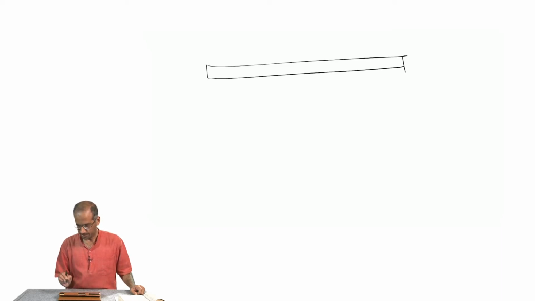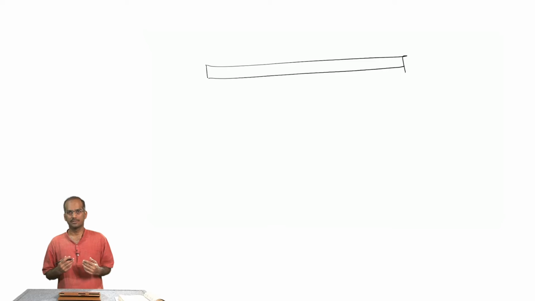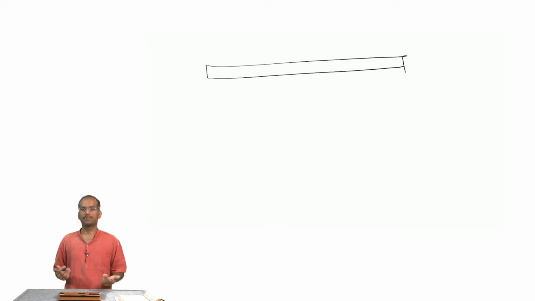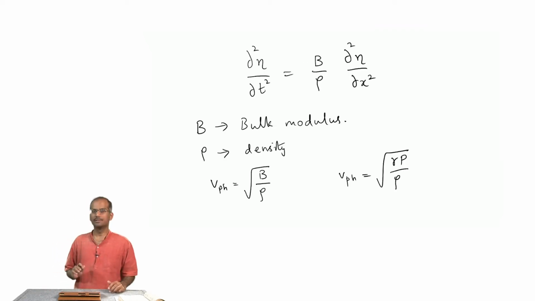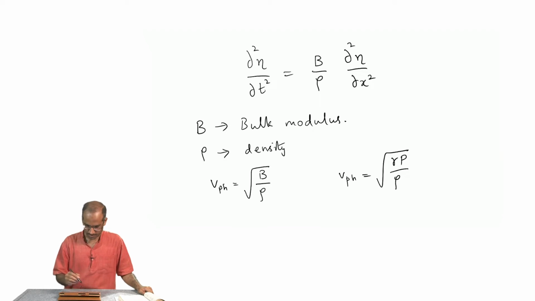If I confine myself to a thin object, something like a long rod, where one of the dimensions is much smaller than the others, in such a case you could ignore these effects of strains being produced in perpendicular directions. In that case, it so happens that you could use the same wave equation as the governing equation for propagation of longitudinal waves in solid.